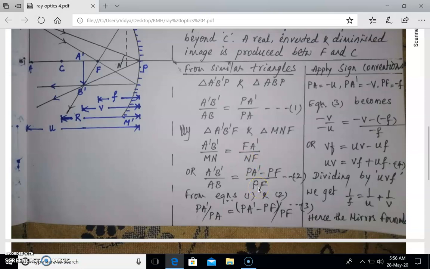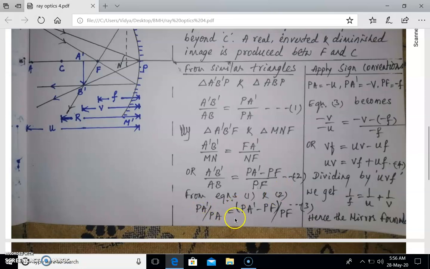As I said, aperture being small, N lies very close to P. That's why NF distance can be taken as PF. That is equation 2.